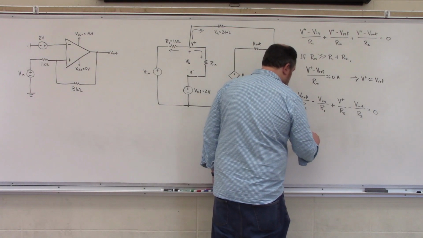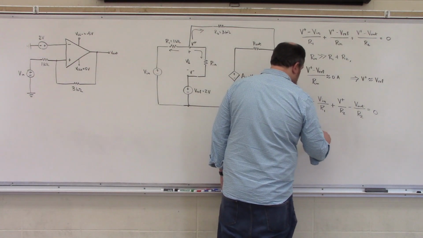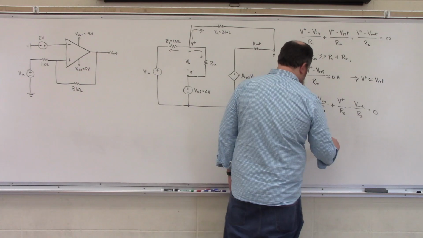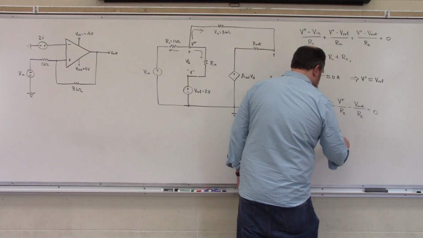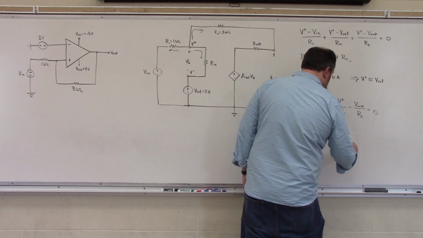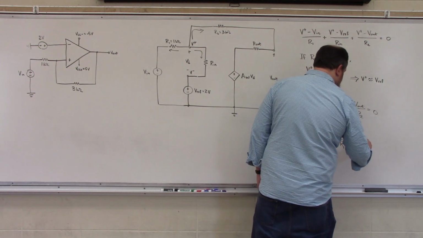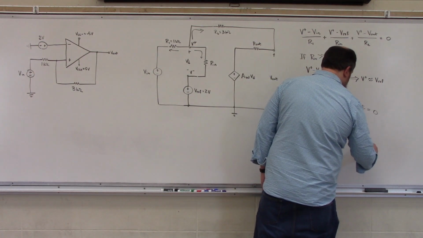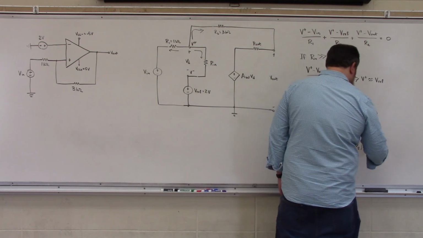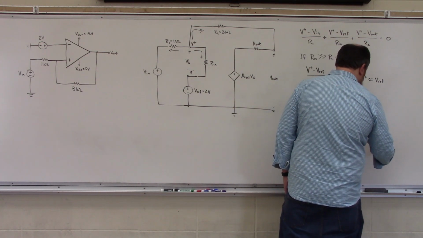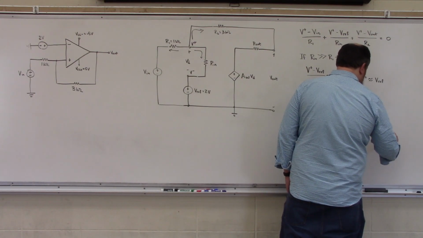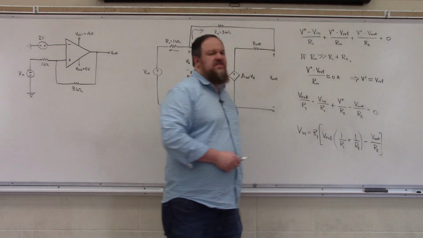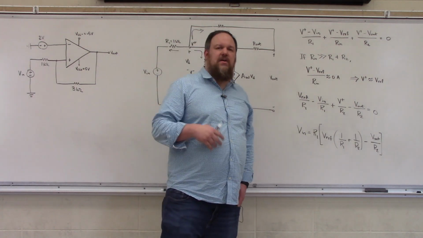So Vn will be equal to R1 multiplied by our reference voltage Vref times 1 over R1 plus 1 over R2 minus V out over R2.